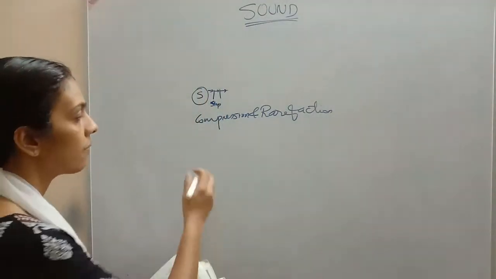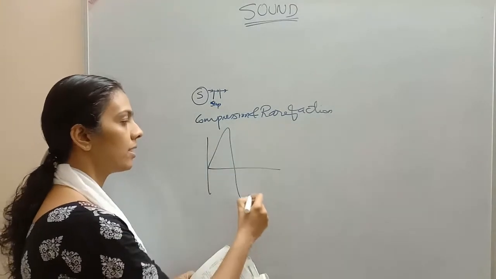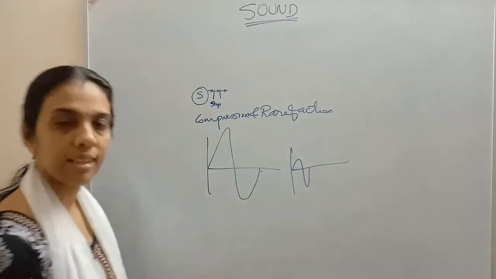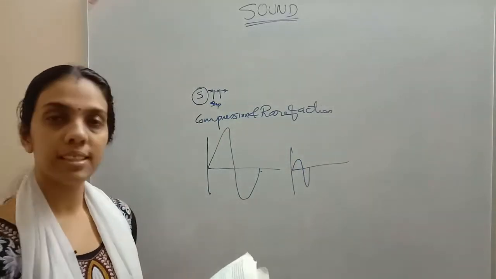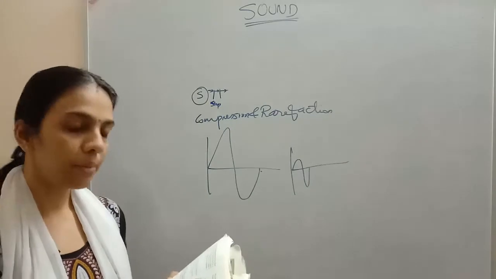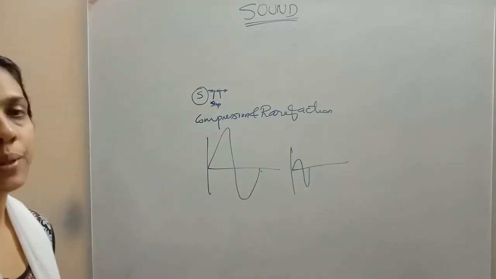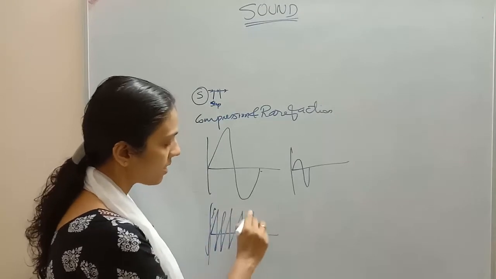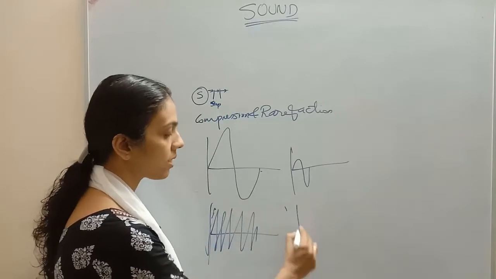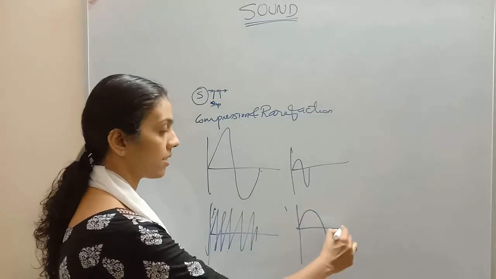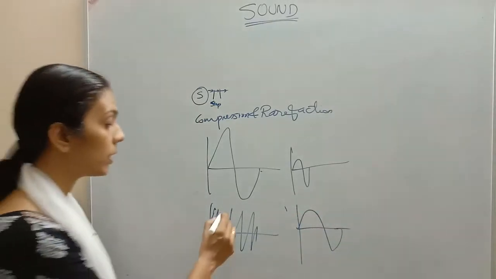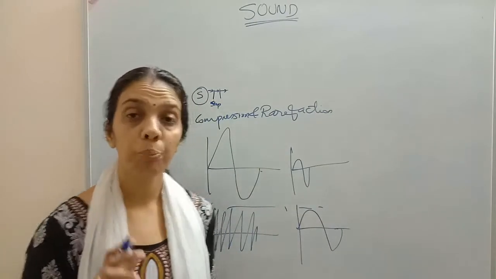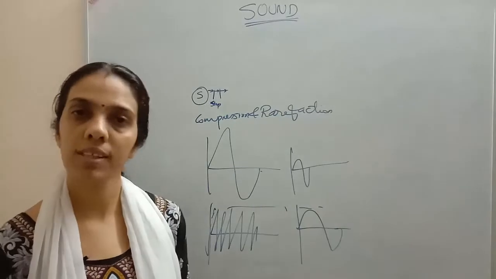Loud sound means large amplitude, and soft sound means small amplitude. Loudness is determined by amplitude, and pitch is determined by frequency. A high pitch sound means the frequency will be more, and a low pitch sound means less. Even if the amplitude is the same, the frequency can be different. So pitch determines the frequency of a sound wave.